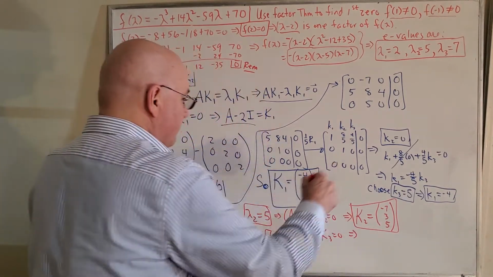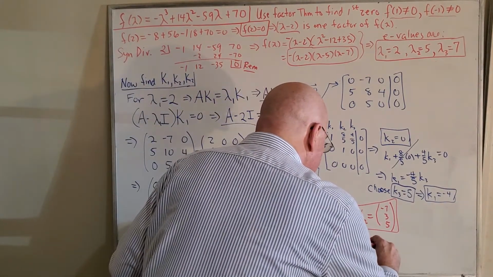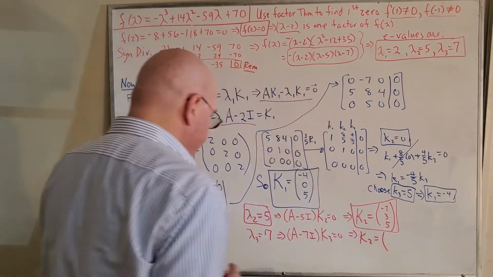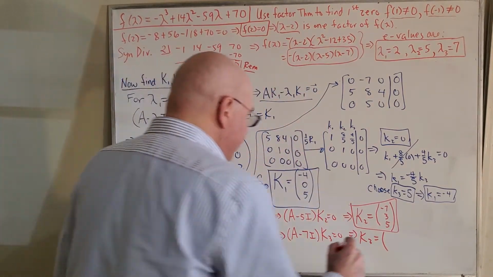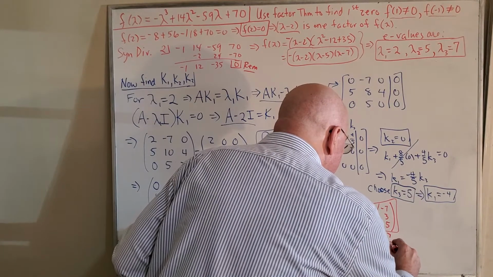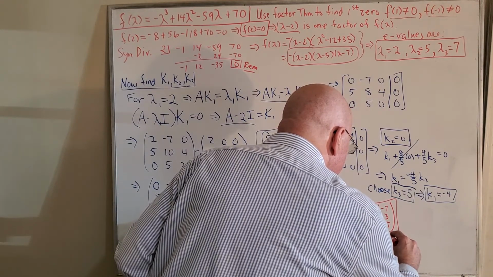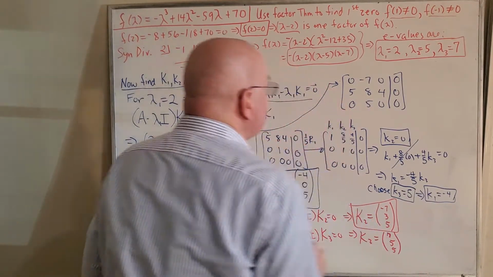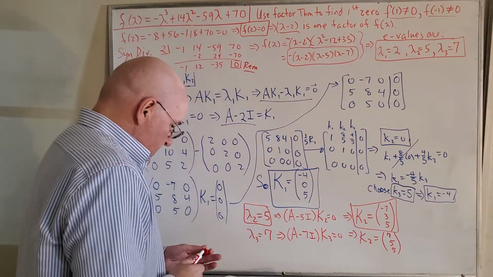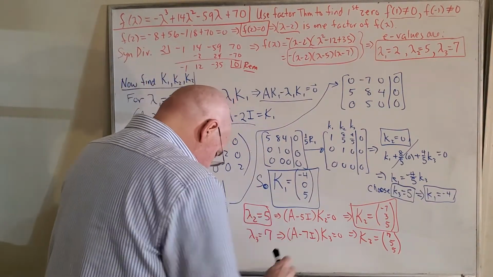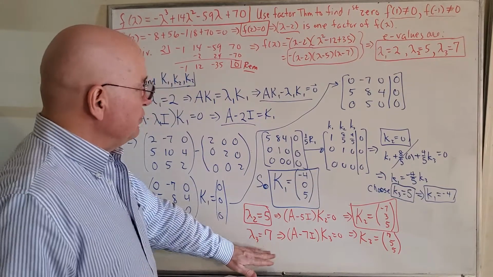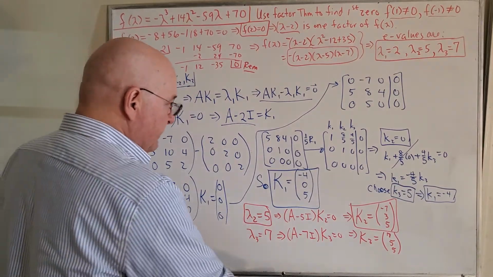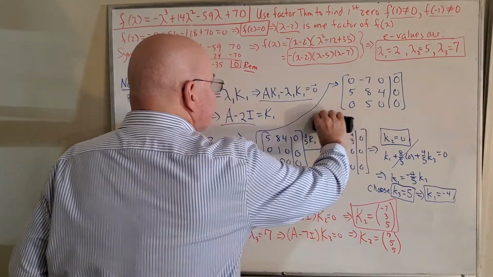And doing this bit of arithmetic gives us K3 equal to the vector 7, 5, 5. All right, and I don't want to write the final general solution too low here, so I'm going to write it right in here.